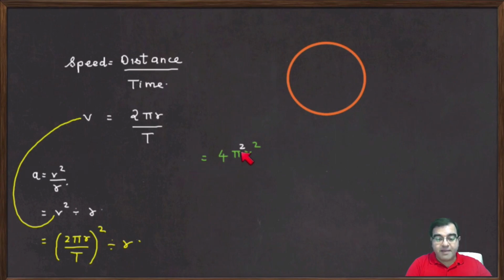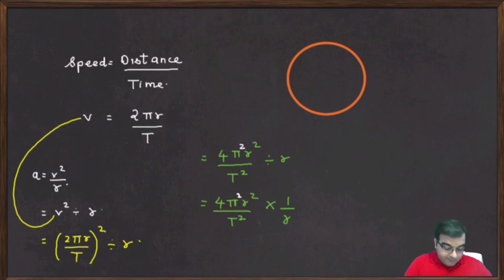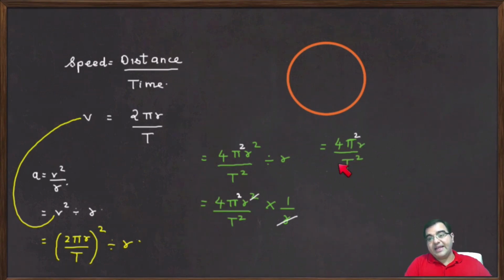So I have 4 pi square r square by T square divided by r. When I am converting a division into multiplication, I take the reciprocal. So this r is going to cancel out with one r here, and I get the formula as 4 pi square r by T square. So this is another formula for acceleration. The last formula is centripetal acceleration is 4 pi square r by T square.